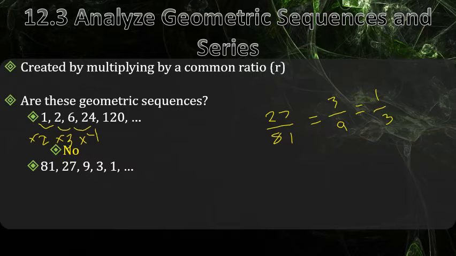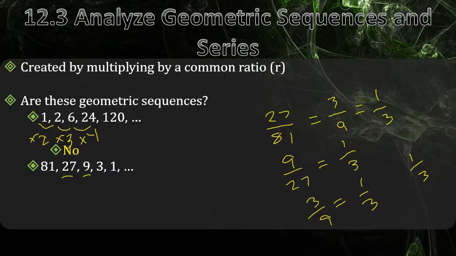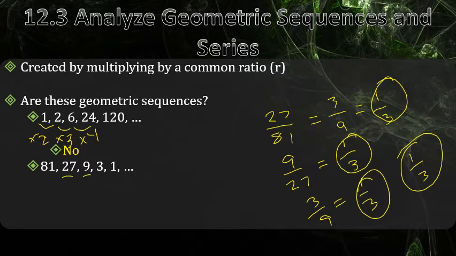Then I take the next two numbers, the 9 and the 27. 9 over 27, reduce those by 9, gives me 1/3. And then I take the 3 over 9, which is 1/3. And then the 1 over the 3 is 1/3. So it's always multiplying by a third. Therefore, yes, it's geometric, and R is 1/3.